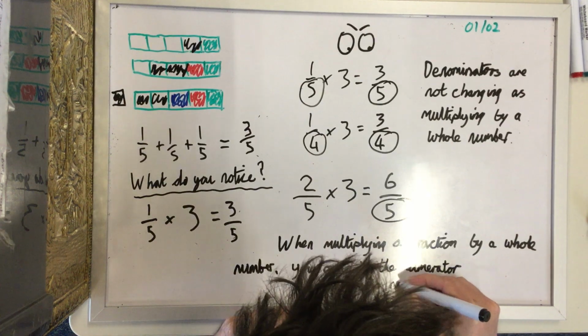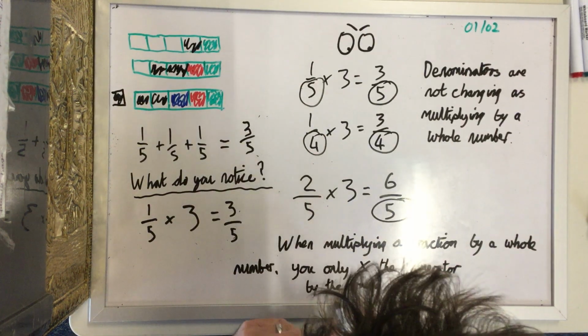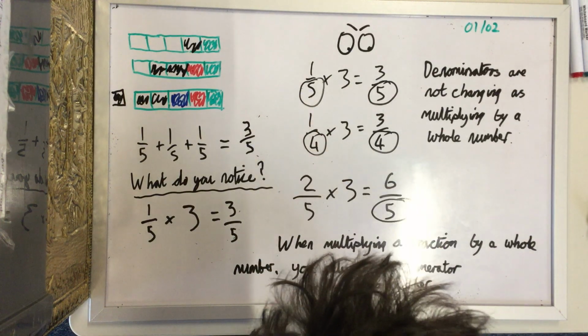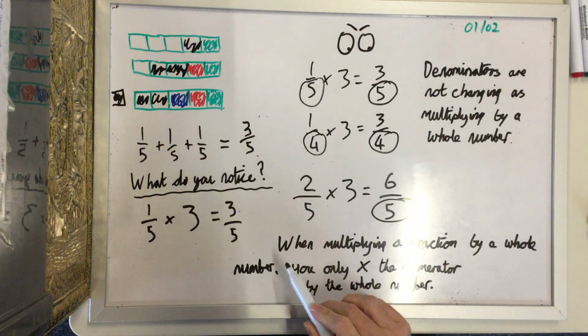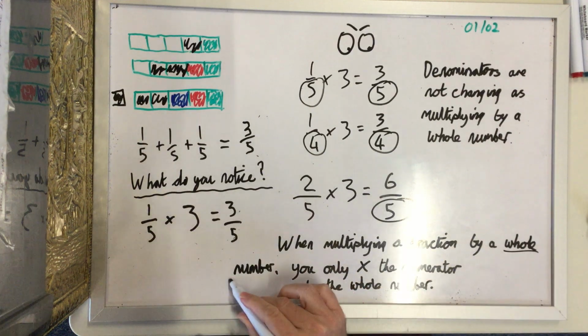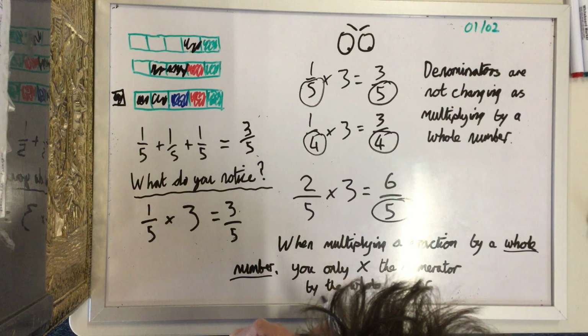And that's a really nice starting point for us for the rest of this week when we're multiplying fractions. So if you can keep remembering that it's just repeated addition, but now written as multiplying, and when you're multiplying a fraction by a whole number, you only multiply the numerator by the whole number.